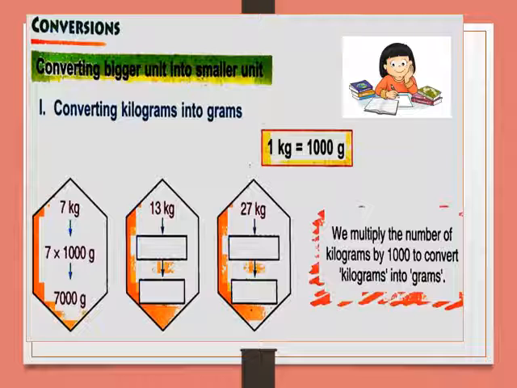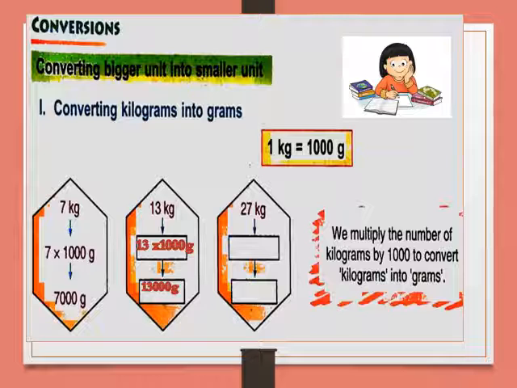So see here, one solved example, and some blanks are there. 7 kg equals what? 7 into 1000 gram. So that gives you 7000 gram. Now 13 kg means 13 into 1000 gram, so that gives you 13,000 gram.